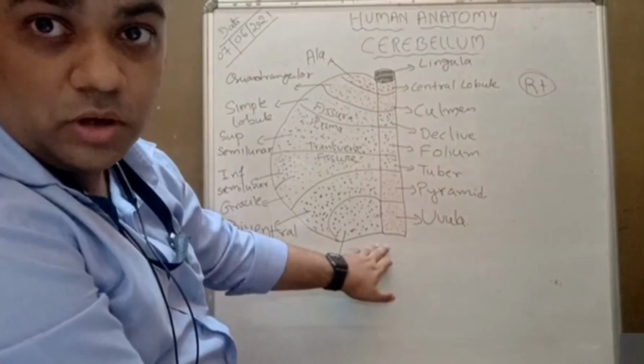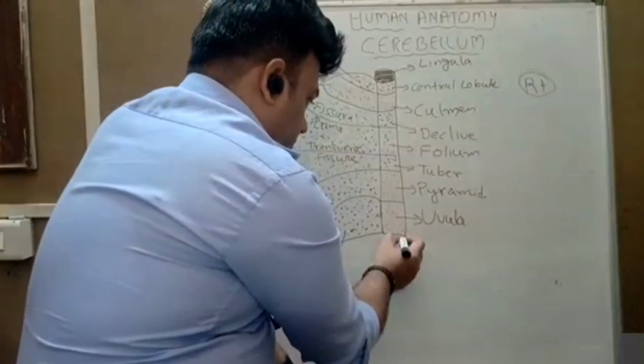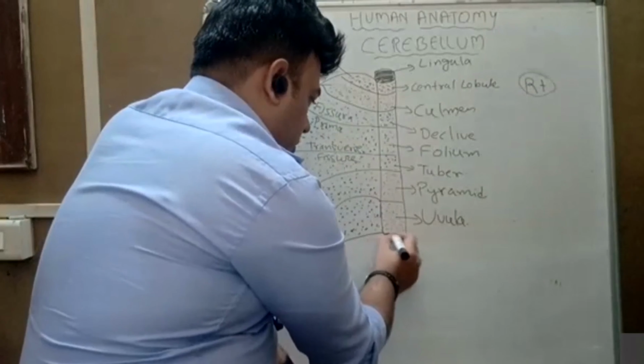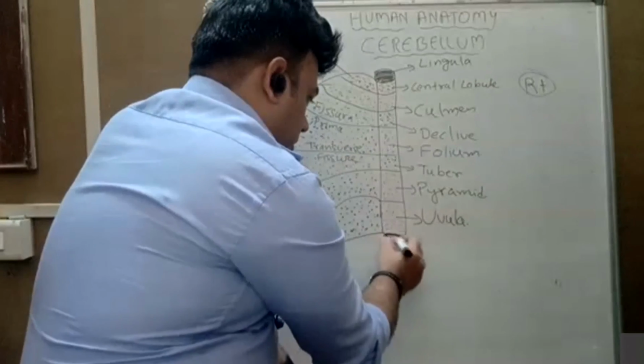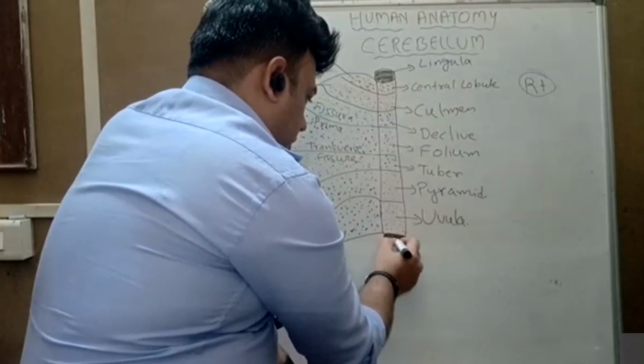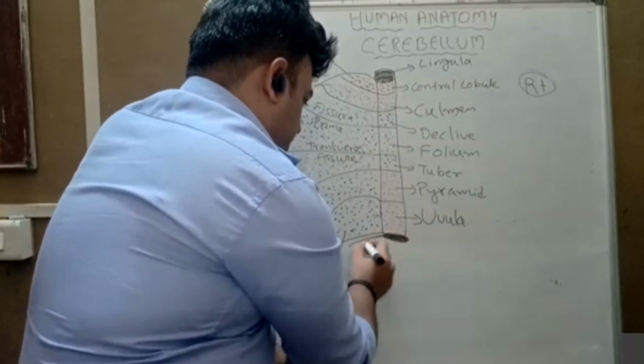Now I will tell you about the last one, that is the flocculonodular lobe having the nodule in the vermis and the cerebellar hemisphere is extending as flocculus. Okay.